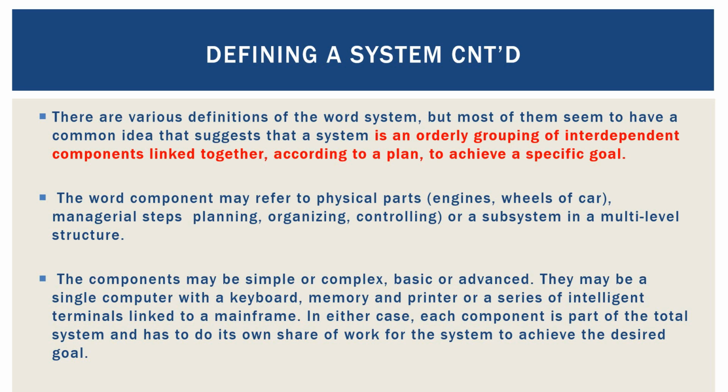So example components can be a single computer keyboard, memory, and printer, or a series of intelligent terminals linked to a mainframe. In either case, each component of the total system has to do its own share of the system to achieve the desired goal. So whenever we have those components working together, obviously we need to define what is the goal they have to achieve. What defines what a system is and what a system should do.